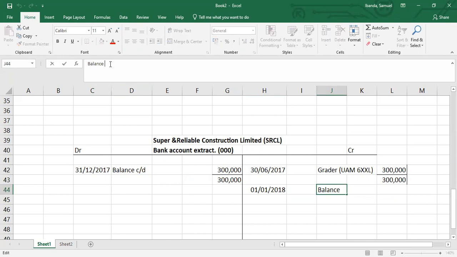This is my balance brought down of 300,000. So that is in the bank account.